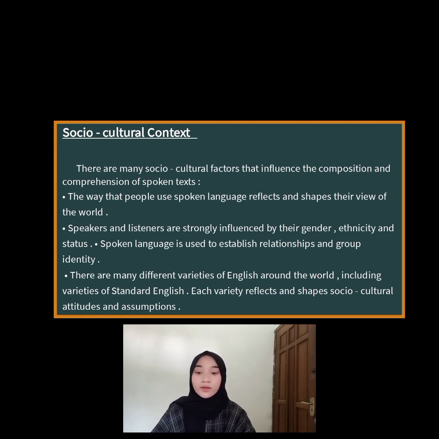Number two, speaker and listener are strongly influenced by their gender, ethnicity, and status. Number three, spoken language is used to establish relationships and group identity. Number four, there are many different varieties of English around the world, including varieties of standard English. Its variety reflects and shapes social and cultural attitudes and assumptions.